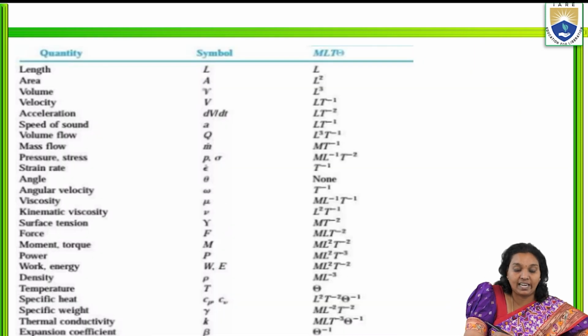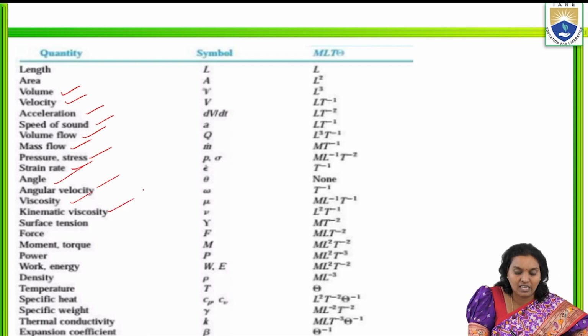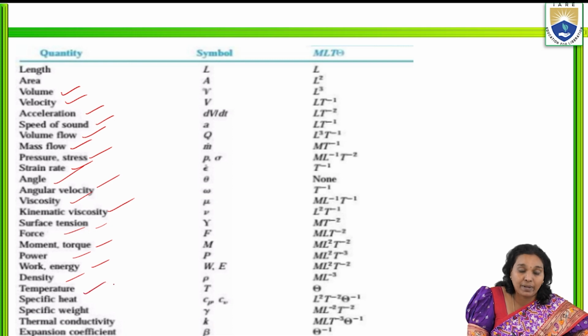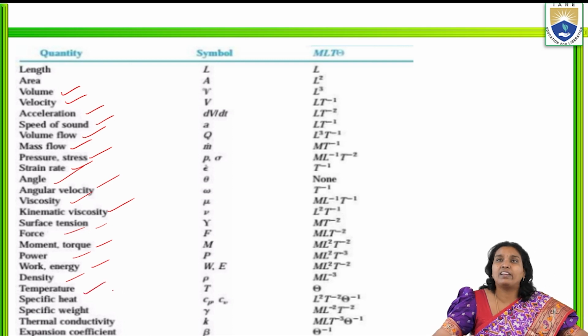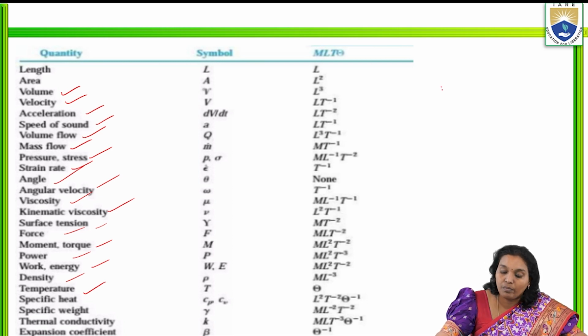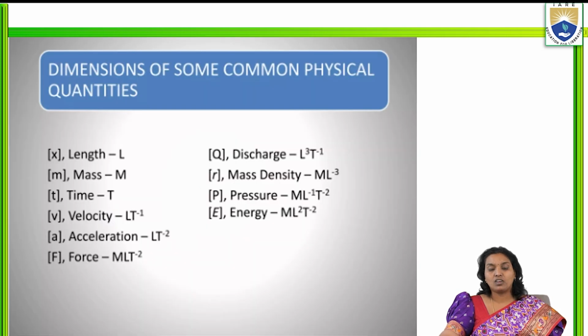Based on the fundamental quantities we find out volume, velocity, acceleration, speed, mass, pressure, angle, angular velocity, viscosity, kinematic viscosity, surface tension, force, momentum, power, work, energy, temperature, whatever it may be. These all come under primary or secondary quantities.